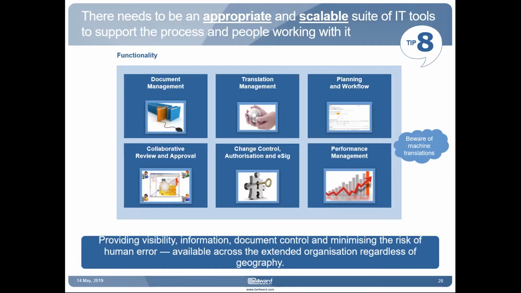But what I've laid out on this slide is some of the key functionality that you would be looking for: tools for your labeling process, your translation process, and some of the activities within your artwork process. Key one I would pull out is the middle one on the top row, which is translation management. So if you don't have translation management tools internally in your organization, that's something that you should be looking for from your translation providers.